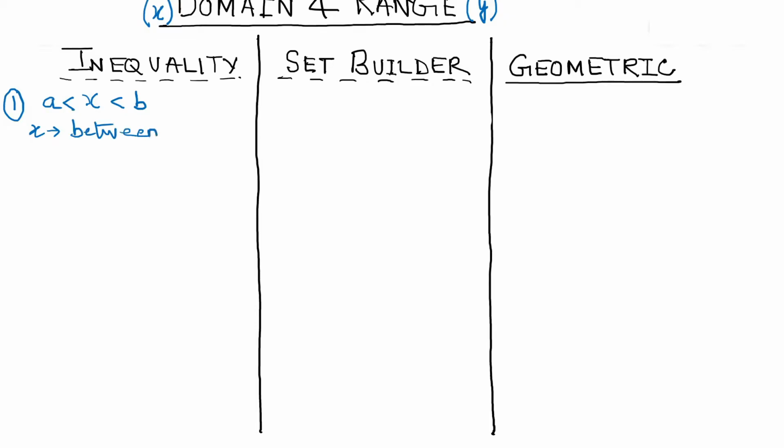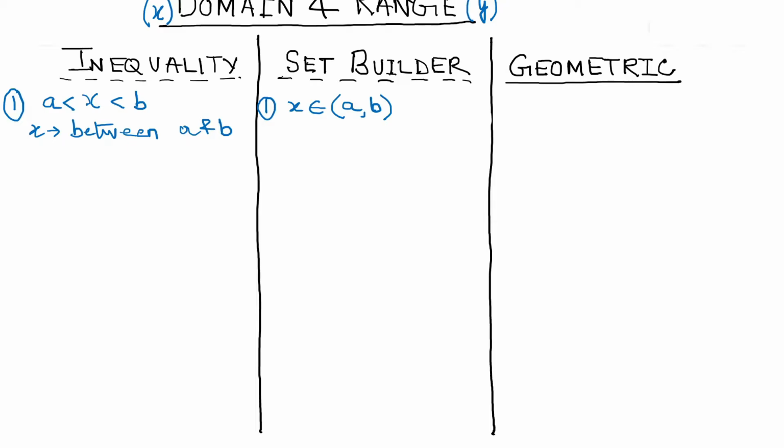The word between means it starts from a and ends on b, but a and b are exclusive. They are not inclusive. They are not included. Now, how do I represent this in the set builder form? You'll say that x is an element which is in between a and b.